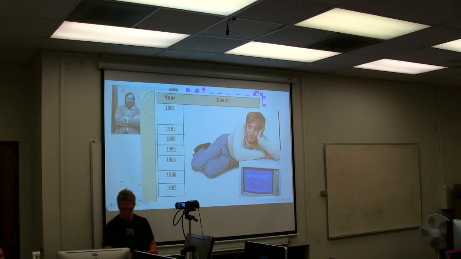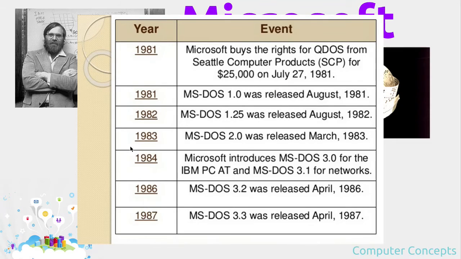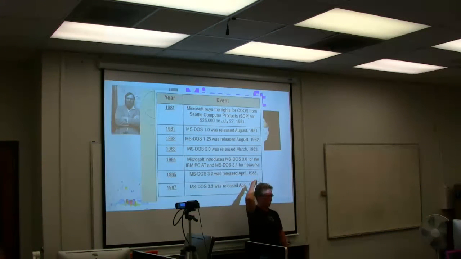And that's actually what this next chart was about right here. So in 1981, he bought from Seattle Computer Company something called QDOS that ended up later to become DOS for $25,000. How much money do you think he made from all the IBM sales for that one investment? Millions and millions and millions.